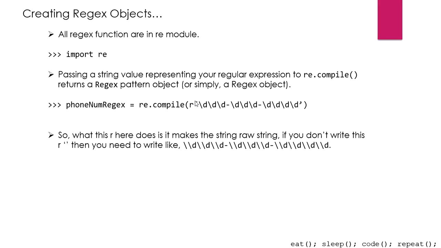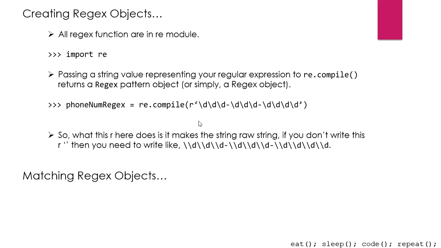If you don't write this r before the quotation marks, then you need to write all these \d escape characters with double backslashes, like \\d\\d. So it is very important to write r before the quotation. If you don't, you need to do this much, which is very tedious.